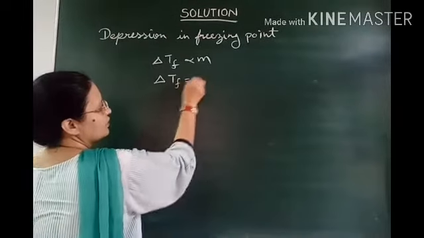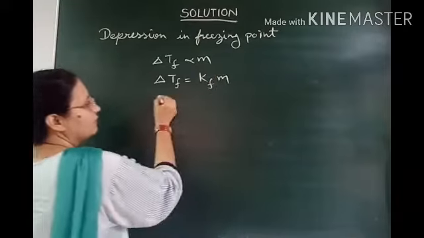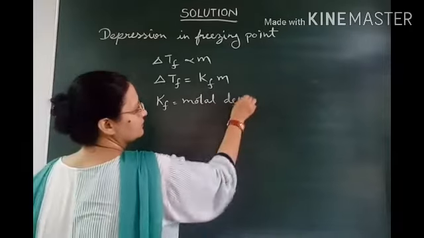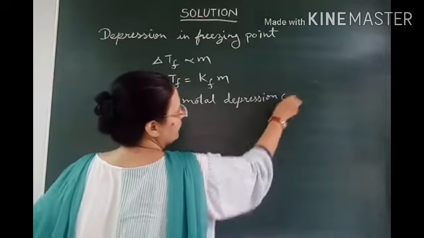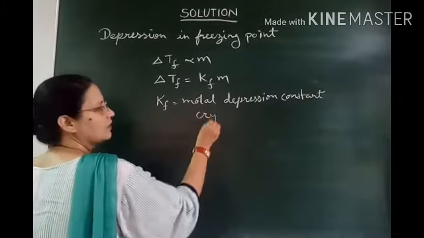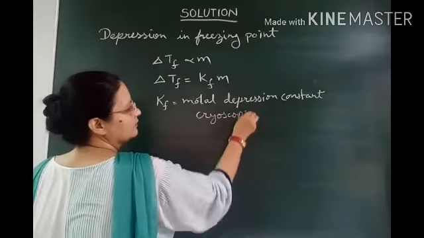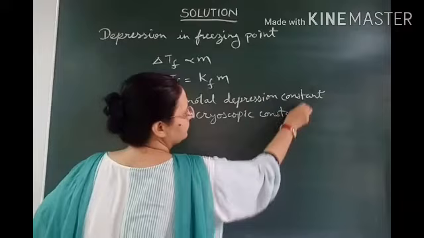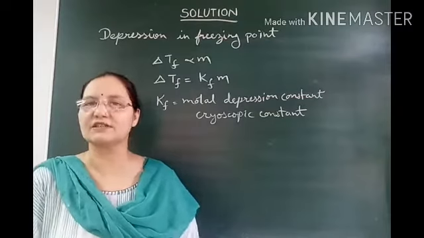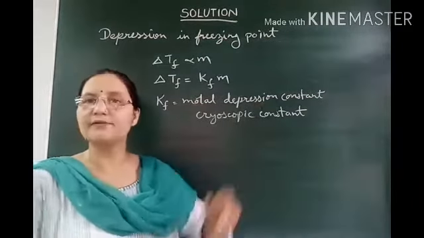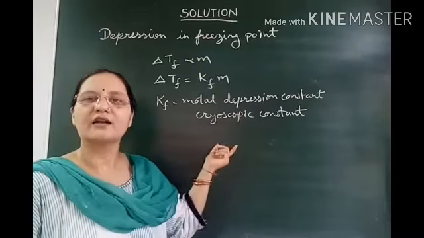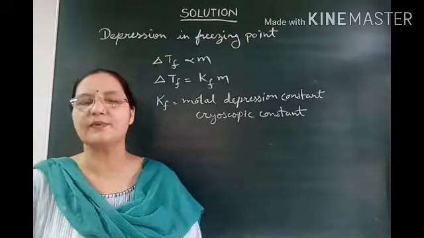Delta Tf is equal to Kf m, where Kf is the molal depression constant, or also the cryoscopic constant. Kb is named the ebullioscopic constant or molal elevation constant, that is for the boiling point, and here it is Kf, which is the molal depression constant or cryoscopic constant, and it is for the freezing point.